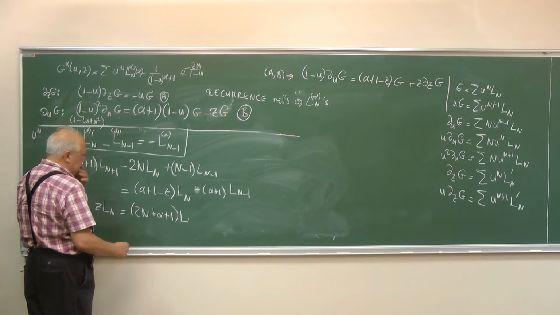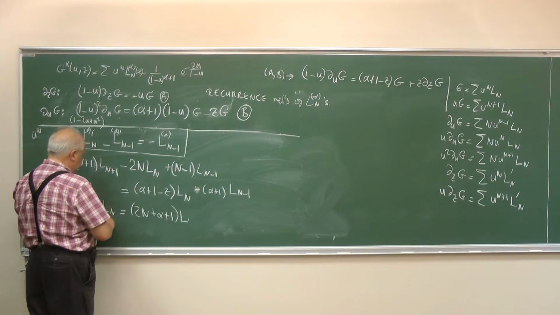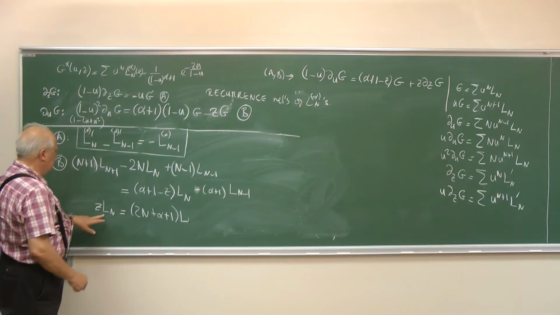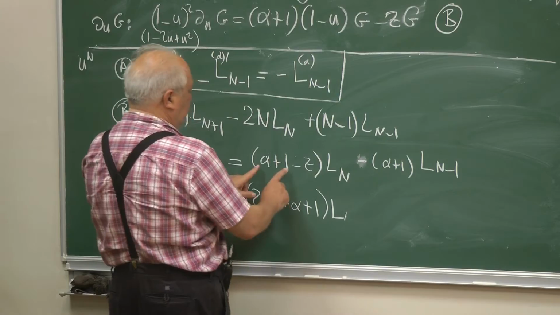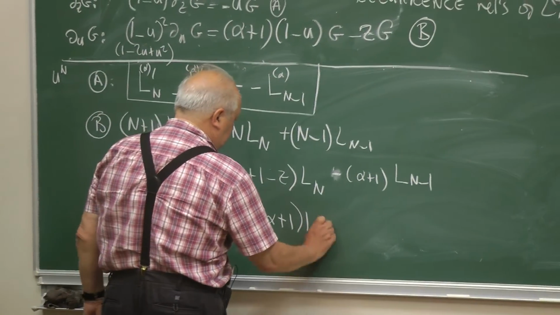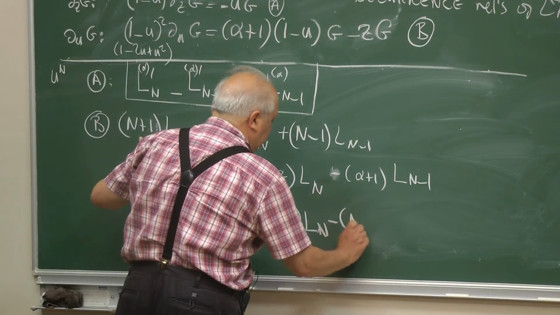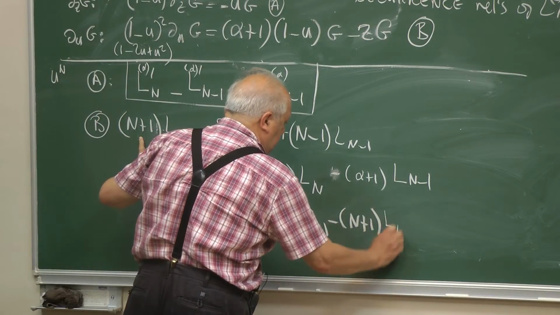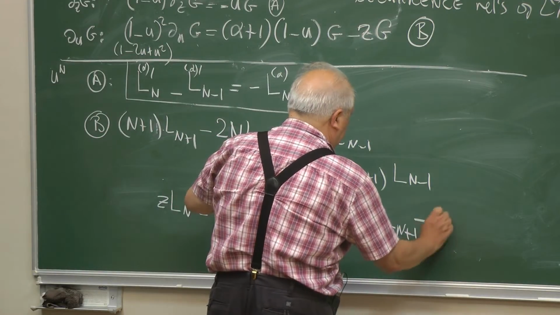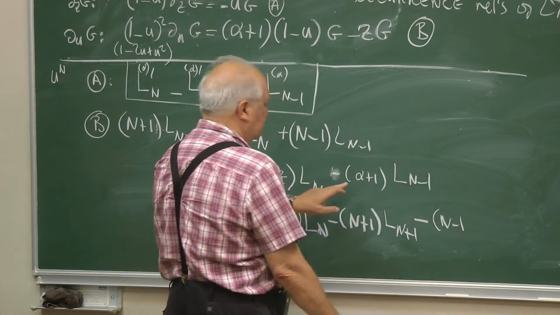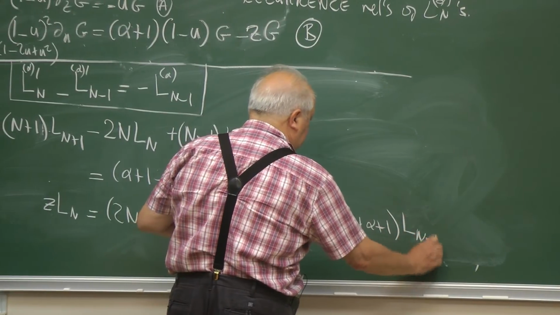For reasons that will be clear later on, I want to take this zLn to the left and leave it alone there. zLn is 2n Ln plus alpha plus 1 Ln. So we are done with the Ln's. Then minus n plus 1 Ln plus 1 and minus n minus 1 plus alpha plus 1 Ln minus 1.